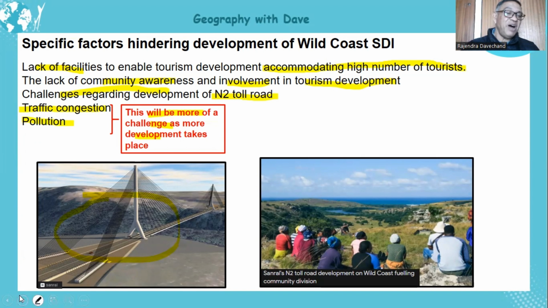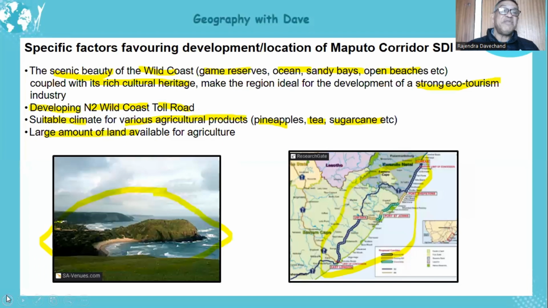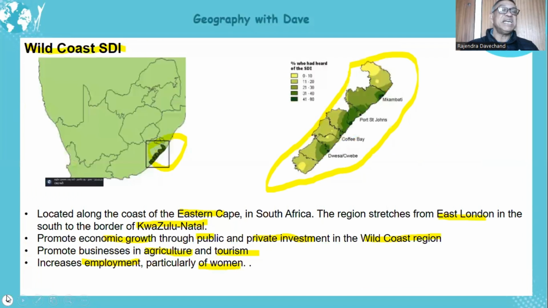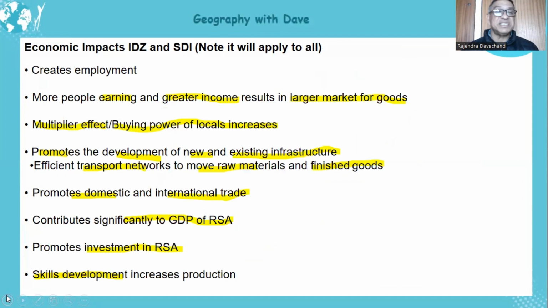Okay? Now, when I go here, you'll notice there's nothing, because the factors are basically the same, the impacts, all right? You will find the same thing here also, because one of the things is to create employment. And with employment, there'll be greater markets, all right?